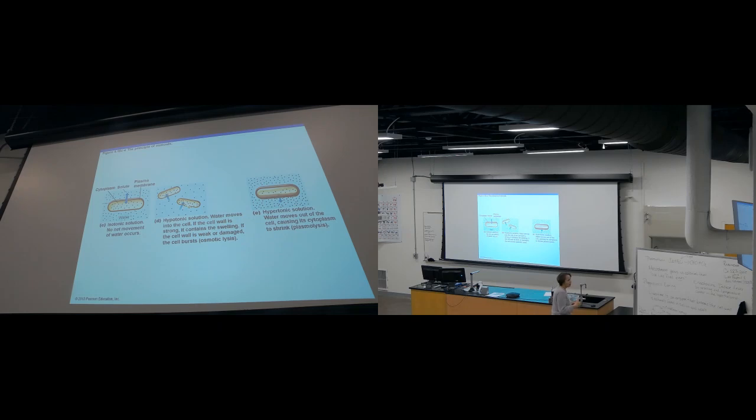And depending on where it is, it will lose water or it will remain with the same amount of water, because the cytoplasm itself has a particular amount of water. And then we are thinking that the bacteria doesn't have any problems, like the plasma membrane or the cell wall is not damaged.